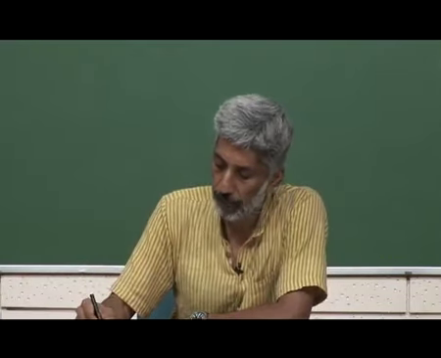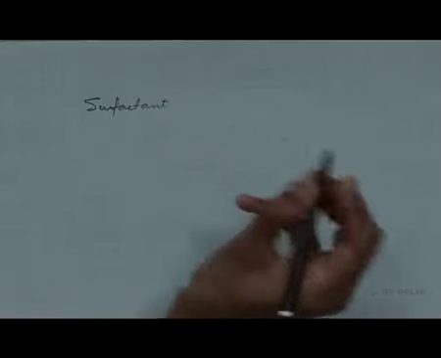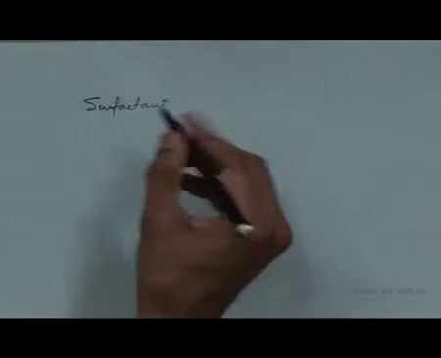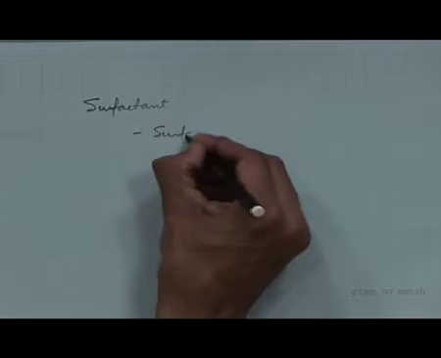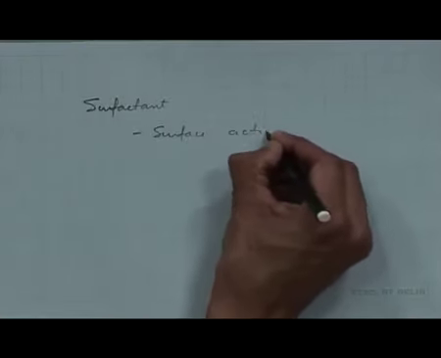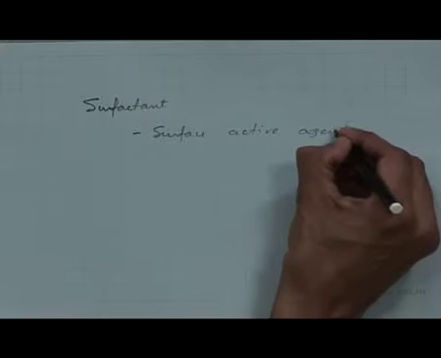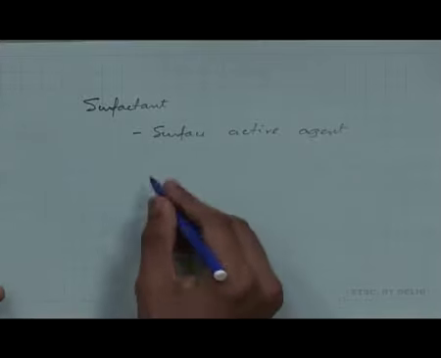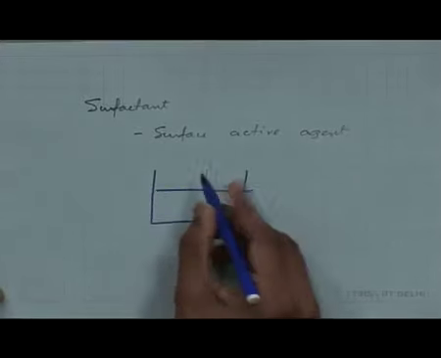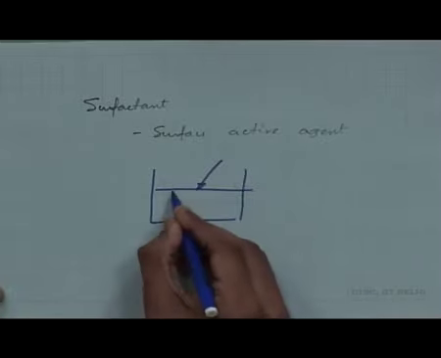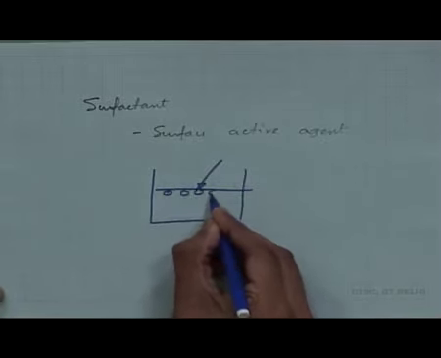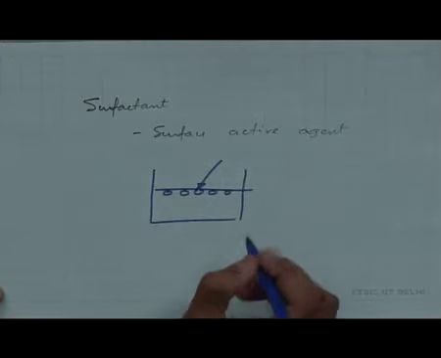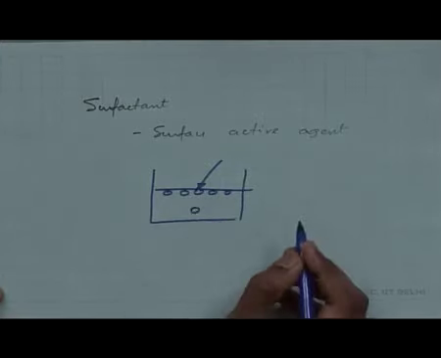Okay. To begin with, let us give an example of what a surfactant is. A surfactant is a molecule, it is a short form of a surface active agent. If you take any surface, imagine that I have a liquid. The molecules on the surface of the liquid experience different forces than the molecules in the bulk.